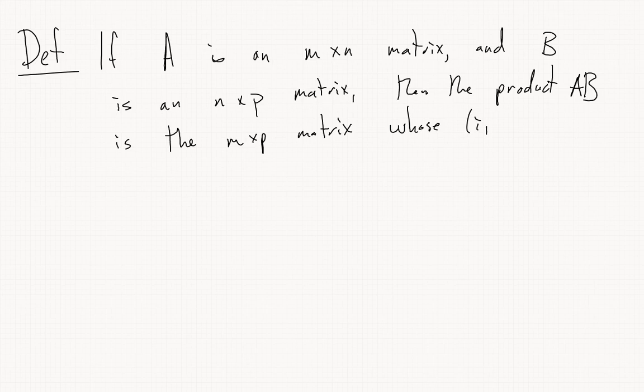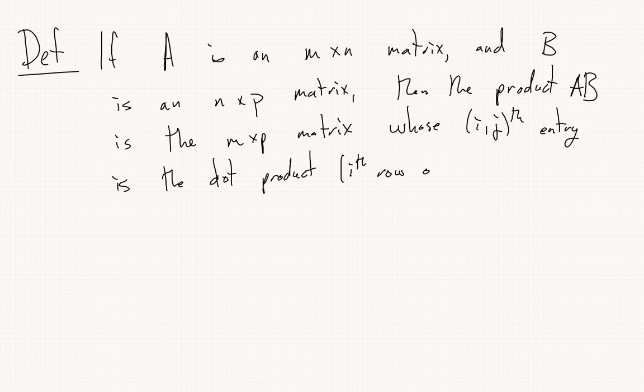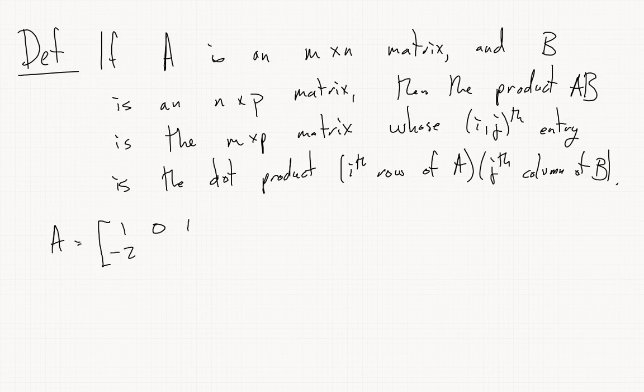whose ijth entry is, maybe the easiest way to say this is the dot product of the ith row of A with the jth column of B. So for example, let's let A equal 1, 0, 1, -2, 1, 3, and B equals 1, 2, 1, 0, 1, 3, 0, 1, 1.